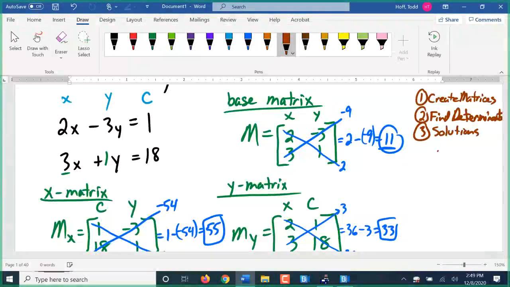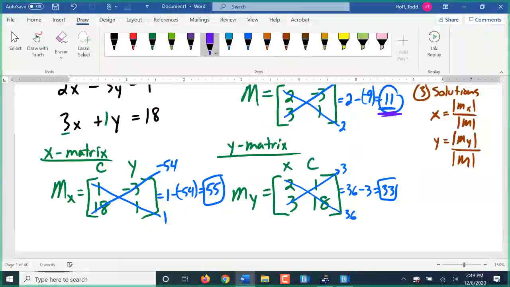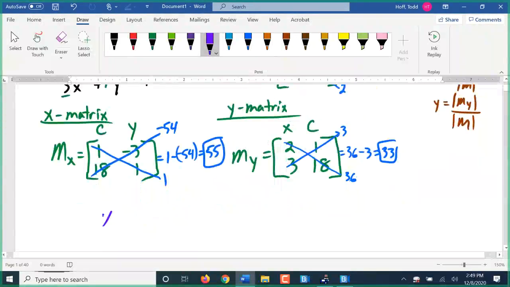The solution for X will be the determinant of the X matrix divided by the determinant of the base matrix. And the solution for Y will be the determinant of the Y matrix divided by the determinant of the base matrix. So 11 is the determinant of our base matrix.